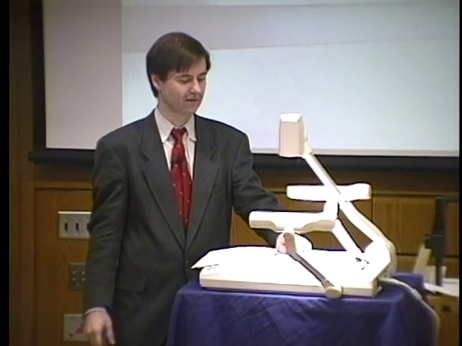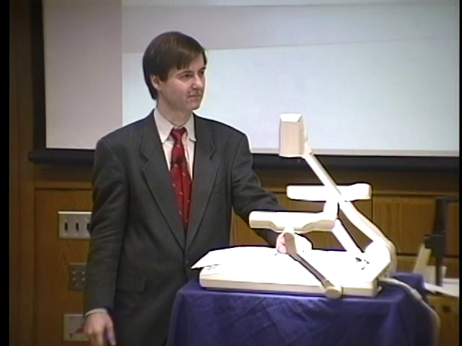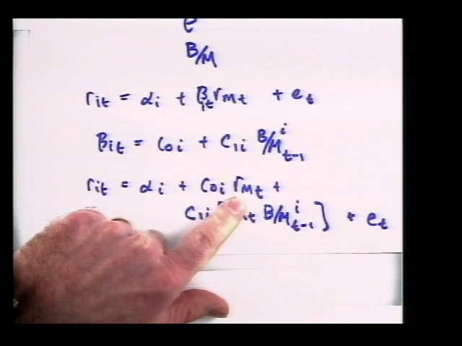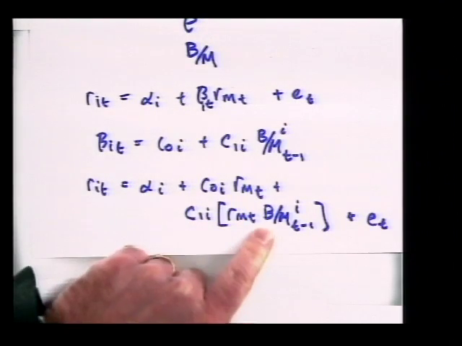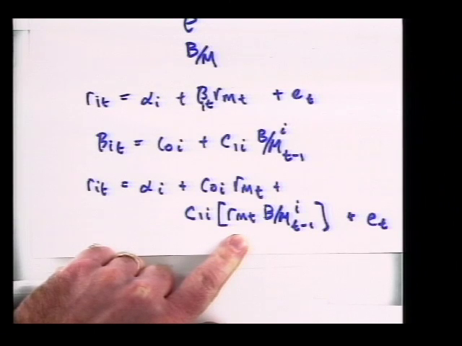And I've got, let's say, 360 monthly returns. Right. Okay? And I'm going to regress that on the market, where I've got 360 returns. And I'm going to regress it on the market multiplied by the book to market, this lag. Now I've got 360 of those variables.